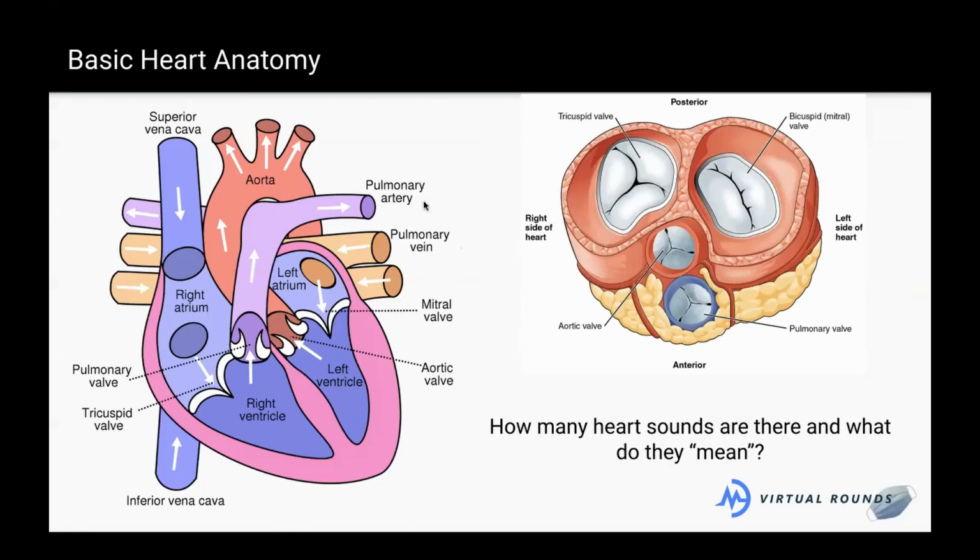I take a breath in, blood goes into the lungs through here. This would be deoxygenated blood going into the lungs. It gets filled with oxygen in the lungs. And then oxygenated blood comes back through the pulmonary vein into the left atria, down the mitral valve, into the left ventricle, up the aortic valve, and then out into the rest of the body from here.